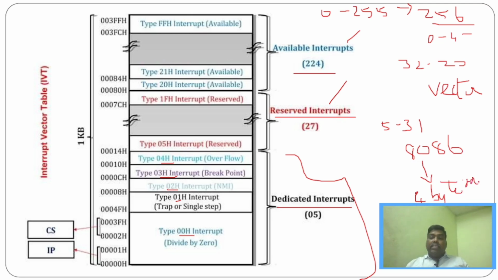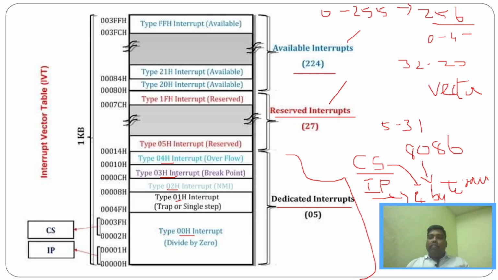Why is it a 4-byte address? I have already said that each physical address has CS and IP. The upper part is saved in CS and the lower part is saved in IP. CS takes 2 bytes and IP takes 2 bytes. That is why each vector has a 4-byte address.